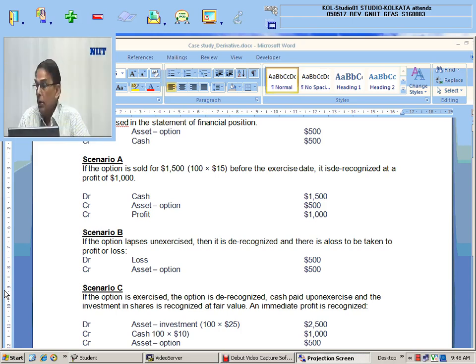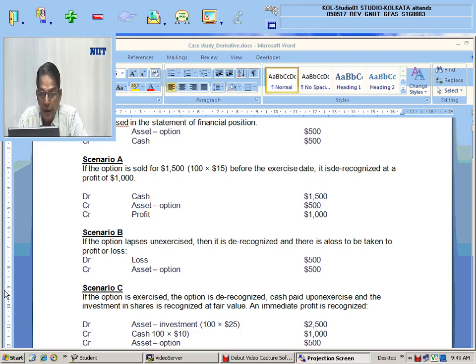You will pay $10 because under the contract ABPLC will be able to buy, since they are exercising the right to buy at $10, so they will actually be paying $1,000 for buying those 100 shares of CDPLC by exercising the option. So the cash paid upon exercise and the investment in shares will be recognized at the fair value and immediate profit is recognized.